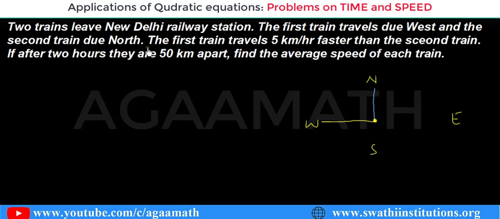And what they said is the first train travels 5 km per hour faster than the second train, right?